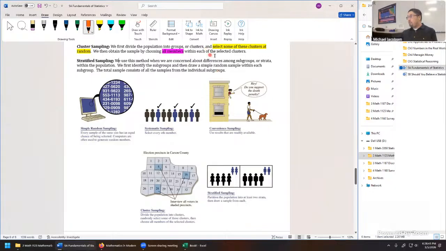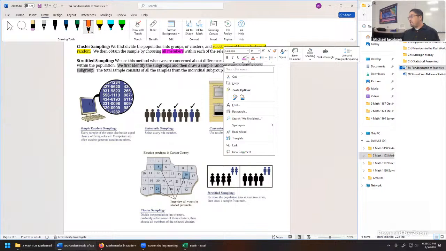If we're concerned about differences among subgroups, maybe it's male versus female, junior versus senior, and so on, then we separate the population into those subgroups, sometimes called strata for stratified sampling. We identify the subgroups, draw simple random samples from within each subgroup, and that's what's different with stratified sampling.